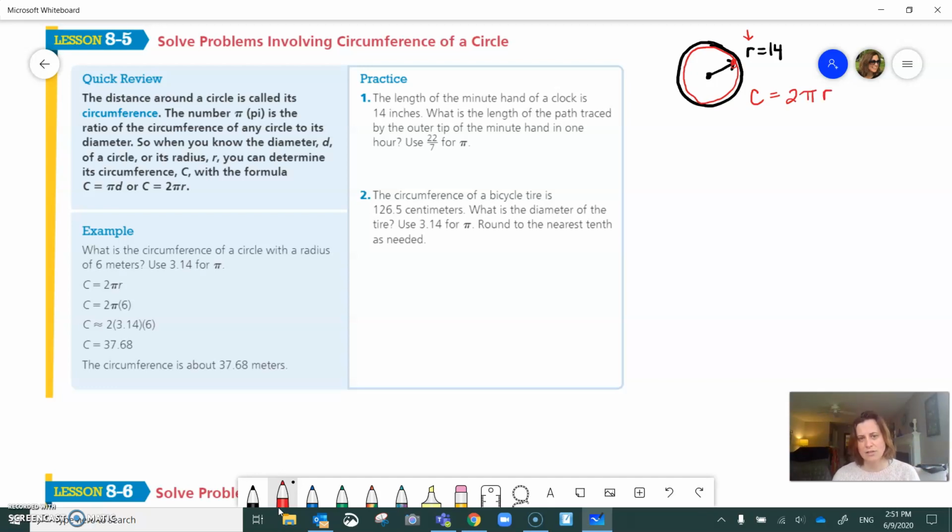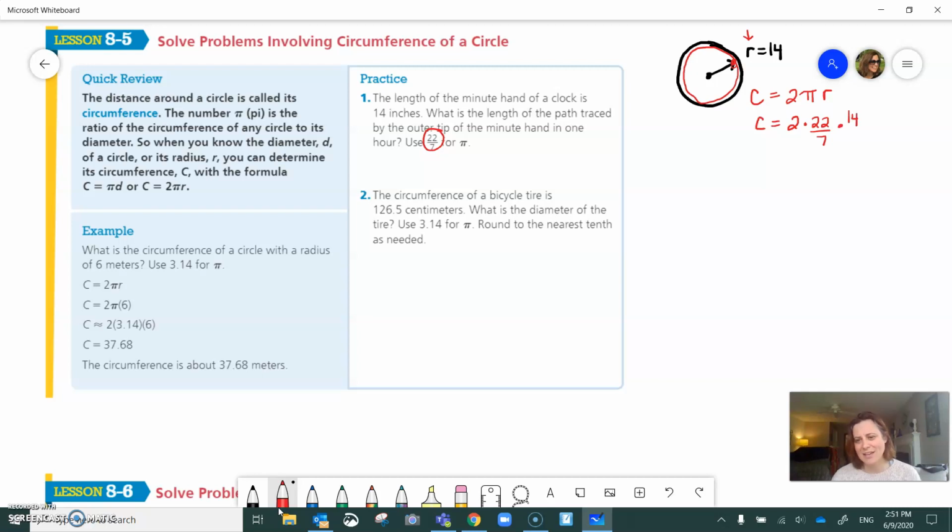Now they gave us some special instructions for pi. They want us to use 22 over 7, which isn't weird. 21 over 7 would be 3, so 22 over 7 is about 3.14. So this is what I've got: 2 times 22 over 7 times 14.